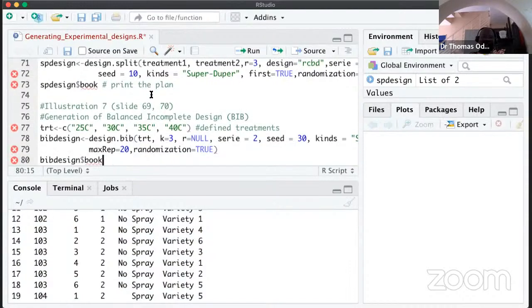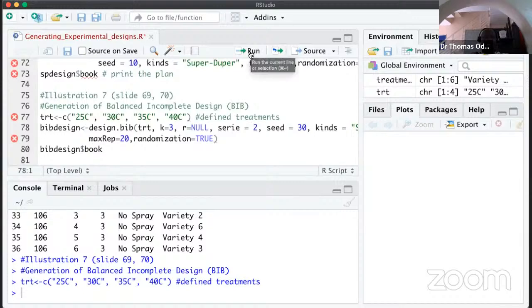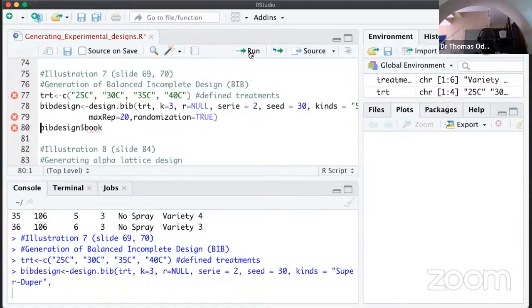And then finally, we can also generate a balanced incomplete block design. So here we have what we call design.bib. Of course, the first thing you need to do is create your object for the treatment that you define. So I can have that, and then I can run BIB.